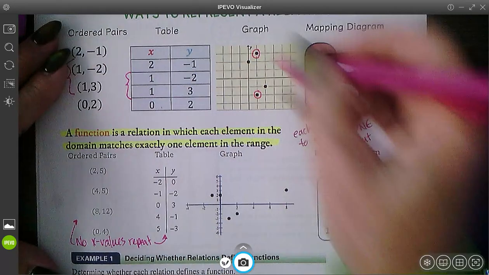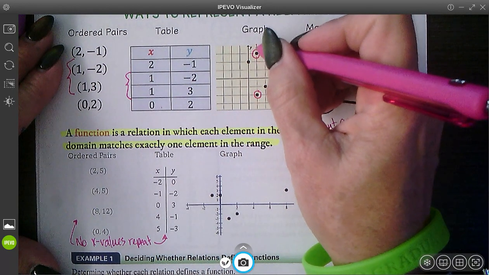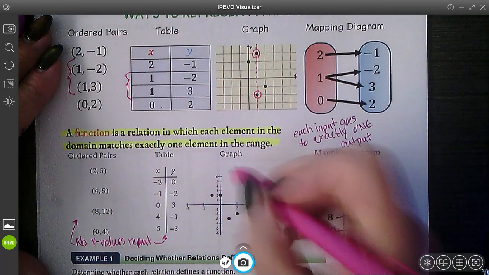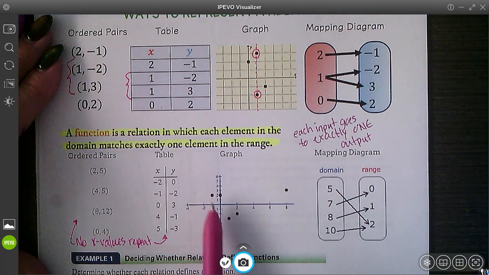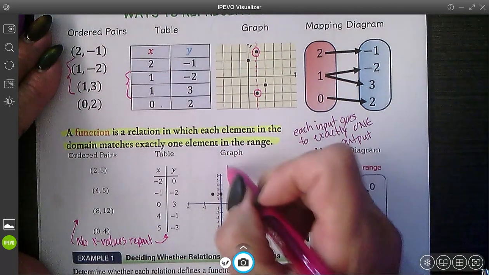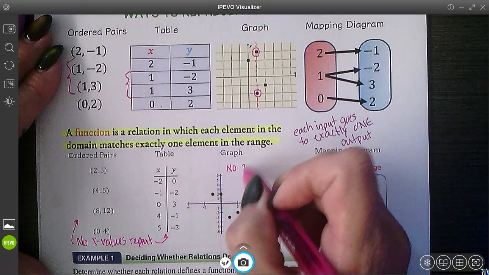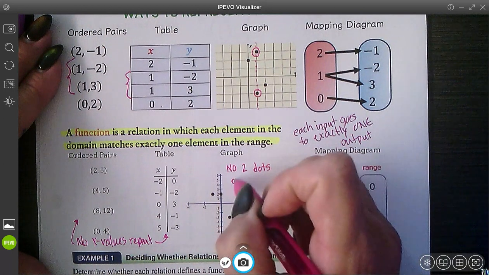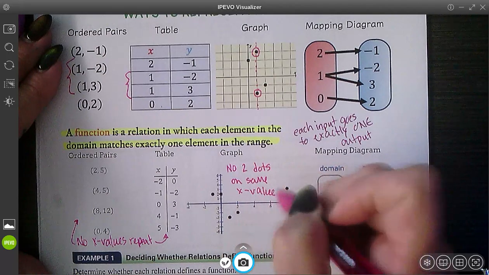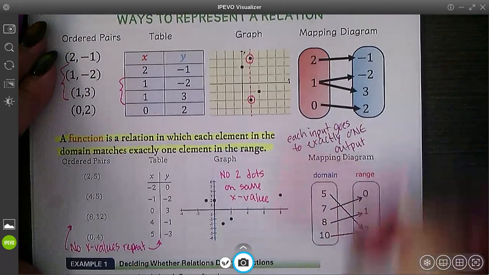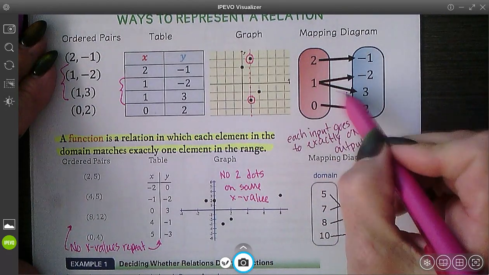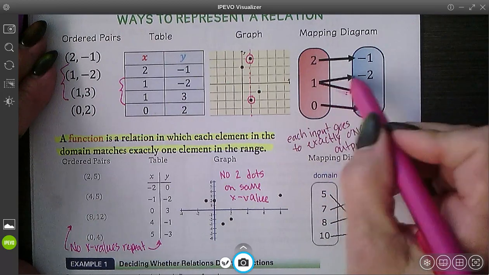So in my graph, what I'm looking for is no 2 dots can be on the same x values. So if I look at this graph, none of these dots are on the same x values. And then in my mapping diagram, here's the problem, is that this input is sending arrows out to 2 different outputs.